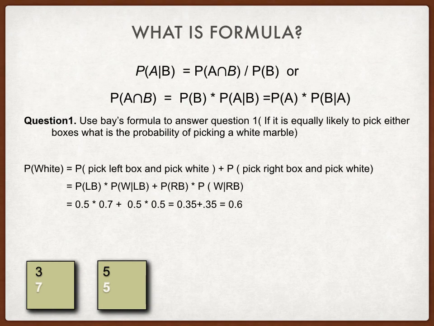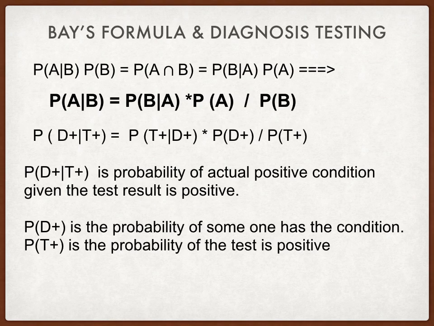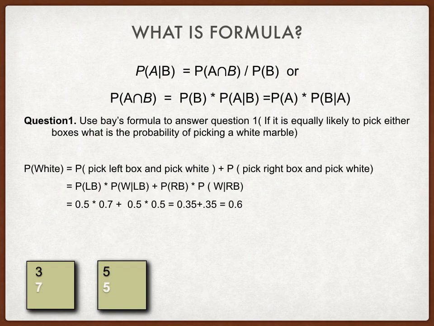Okay, what's the Bayes formula for conditional probability? Based on the Bayes theorem, probability of A given B is equal to probability of A and B happening, or intersection of A and B, divided by probability of B. Or we can write that in a different form.